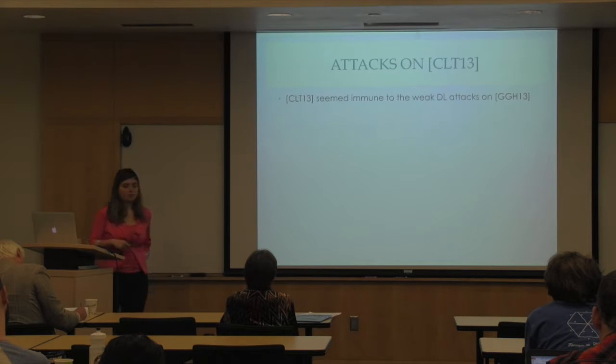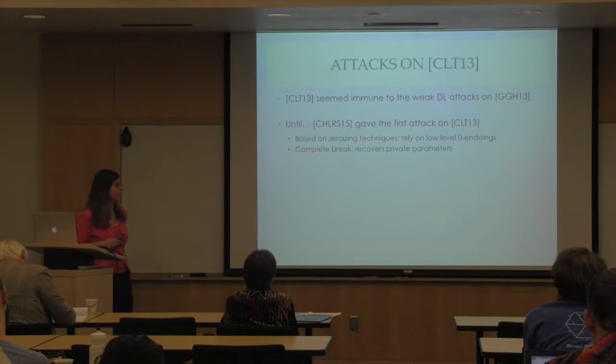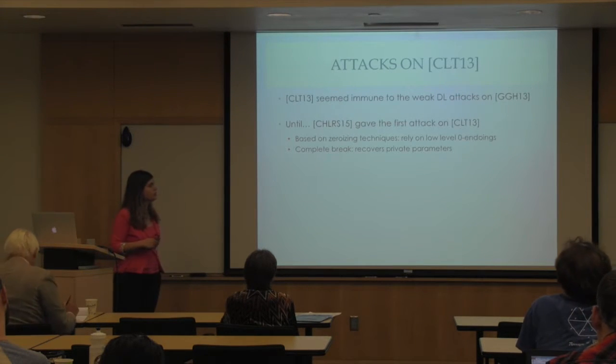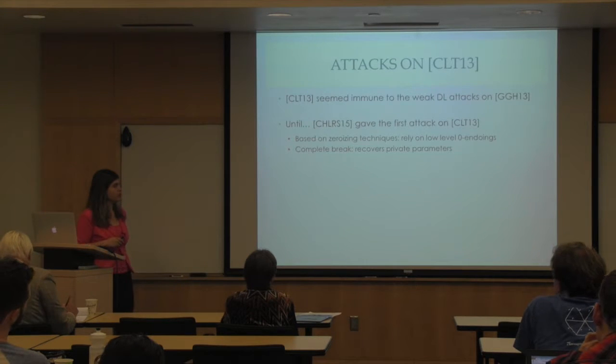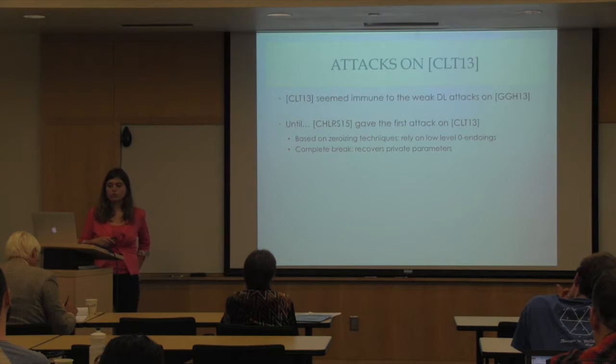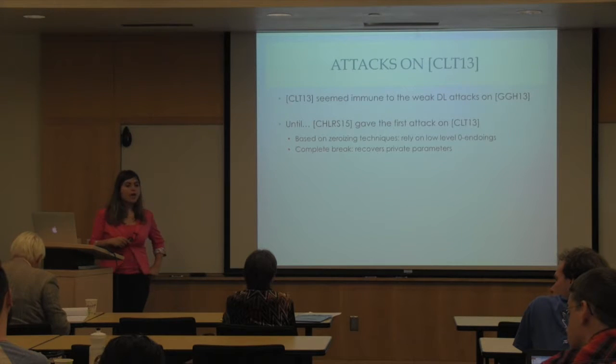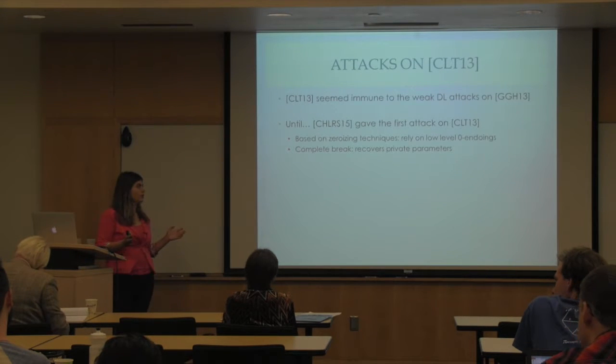So this CLT13 scheme seemed to be even better in that aspect. But this was only until the attack of Cheon et al., who gave the first attack on CLT13. Their techniques were based on zeroizing types of attacks that rely on low-level encodings of 0. And this was a complete break of the scheme.